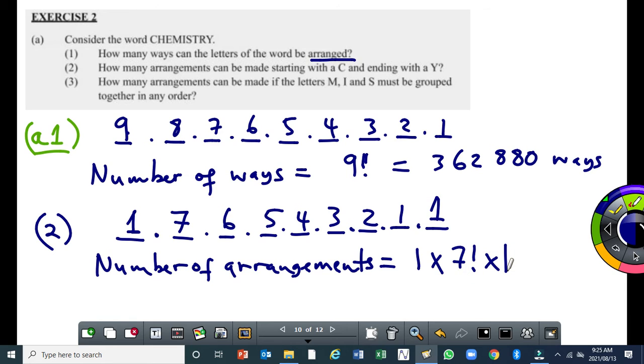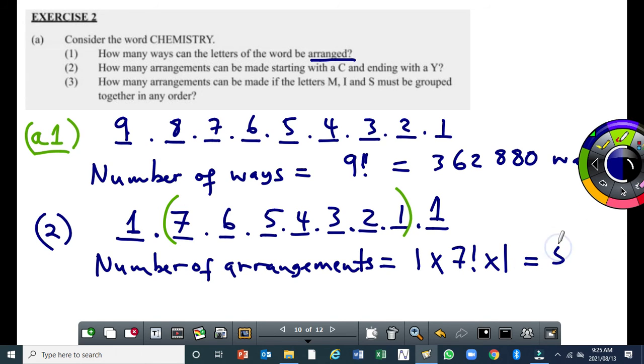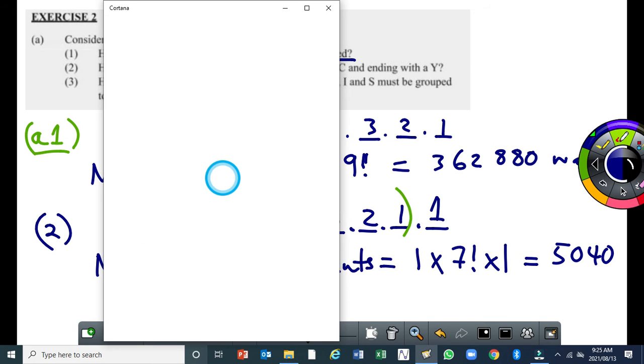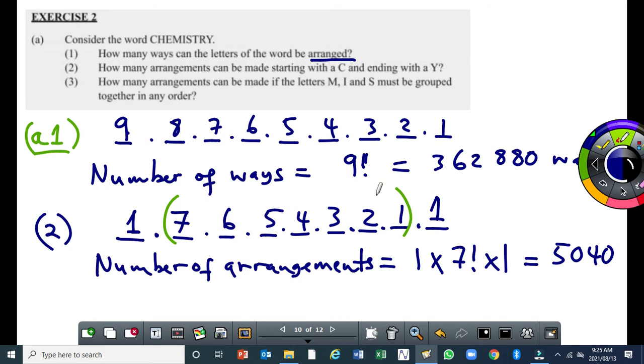Remember from here up to there, that's 7 factorial, which is 5040. So we can get 5040 arrangements. Are you following? Yes.